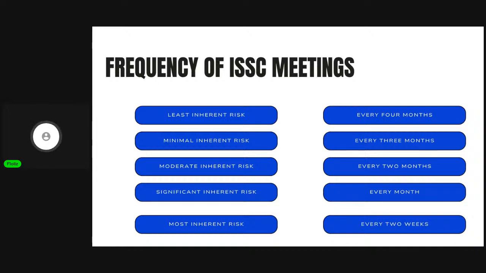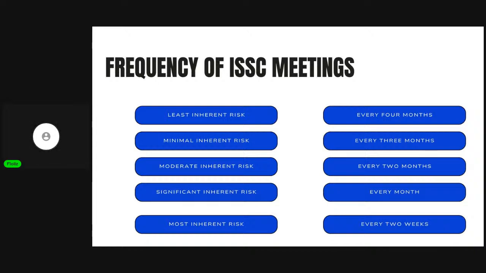So this frequency of information security meetings is not as if it's approved by CBN, but based on the type of data you process, it will be relevant that your meeting resonate with that.